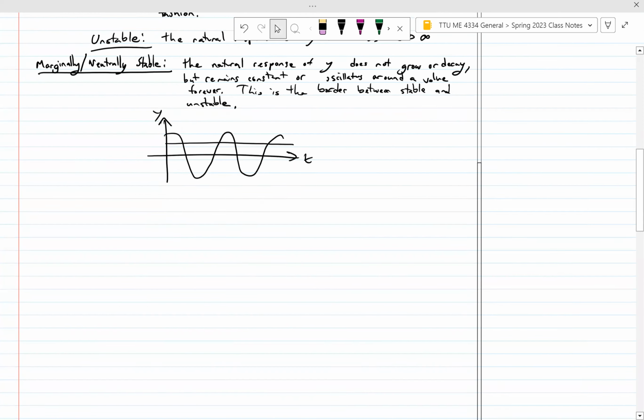The complex axis, can you give it to me in terms of our poles here? Purely complex. Do you mean purely imaginary? Okay, so what you just said, if all of our poles are on the imaginary axis, then we are neutrally stable.